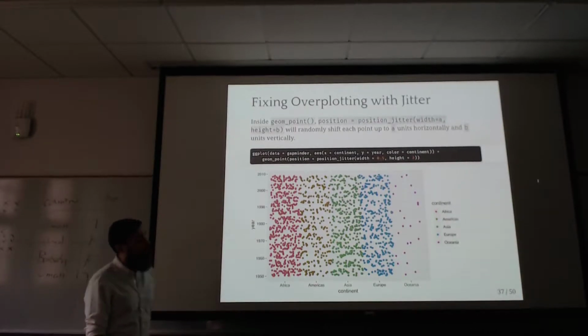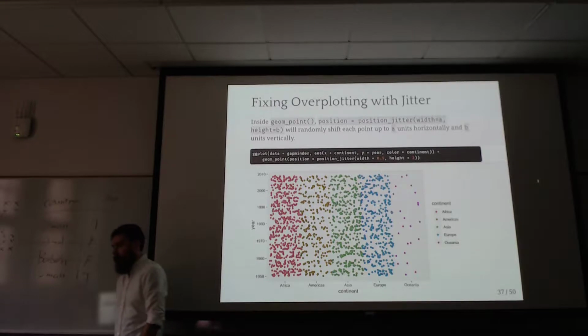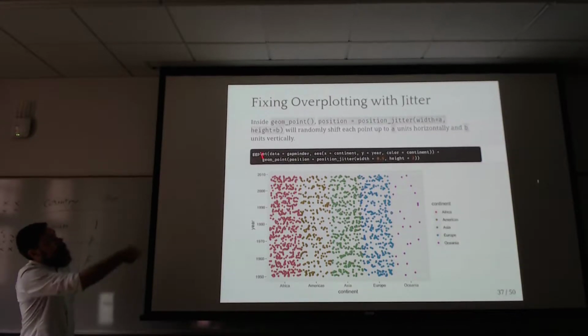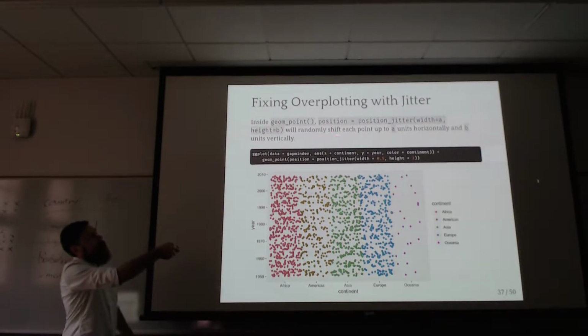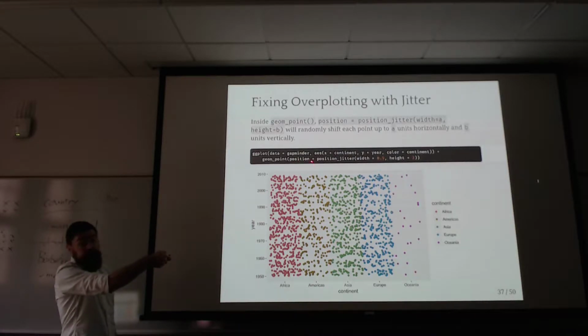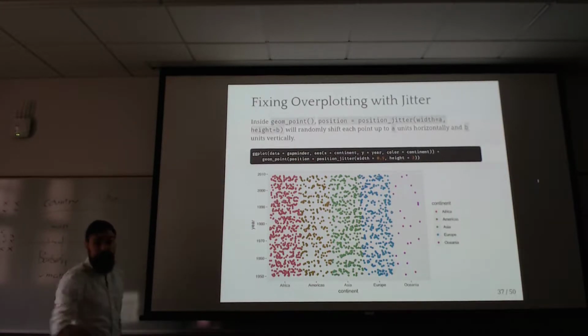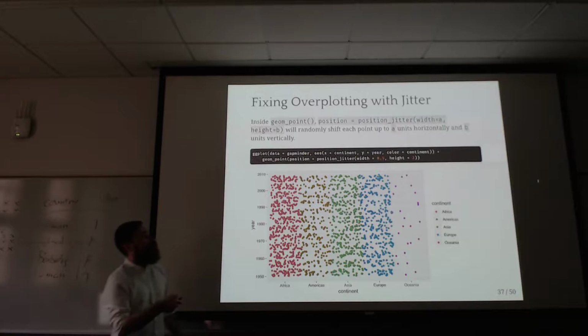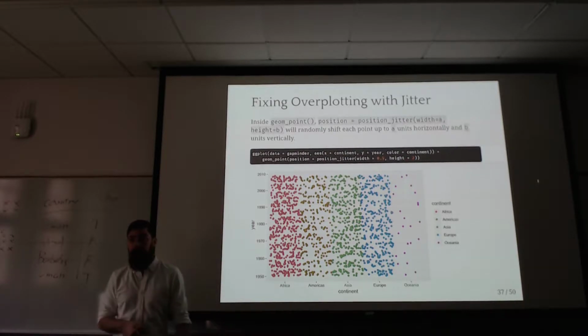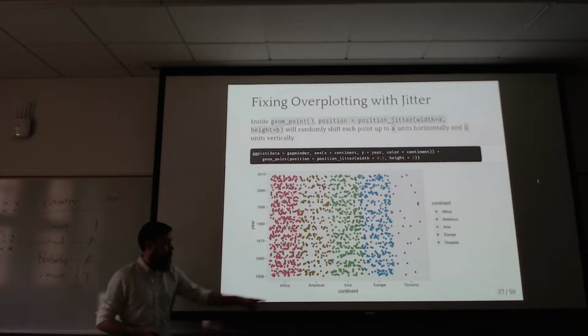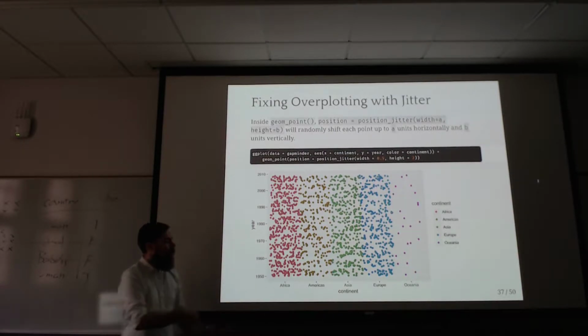We can fix overplotting with jitter commands. If I add inside of geom_point the argument position equals the function position_jitter, I can specify to randomly distribute the dots left and right by a certain amount and up and down by a certain amount, in the units of the axes, the x-axis and the y-axis.